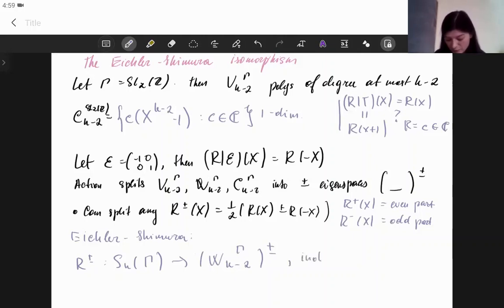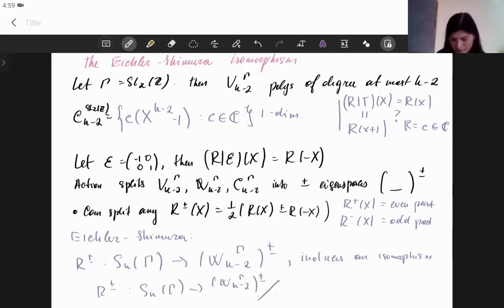This map induces an isomorphism between S sub k of gamma and the following. So we have W sub k minus 2 gamma plus or minus over C sub k minus 2 gamma plus or minus. So really, in a way, we have identified the cusp space with those parabolic cohomology groups. It's kind of like the parabolic homology group is really kind of like twice the cusp form space.